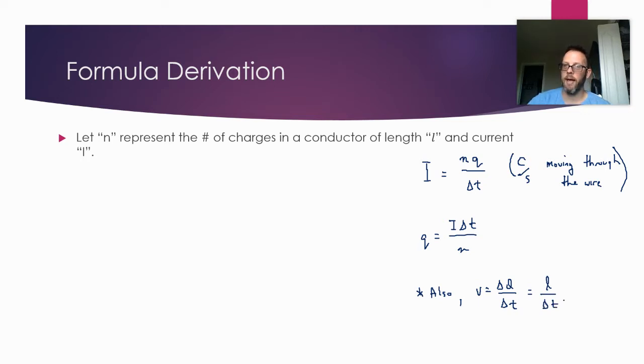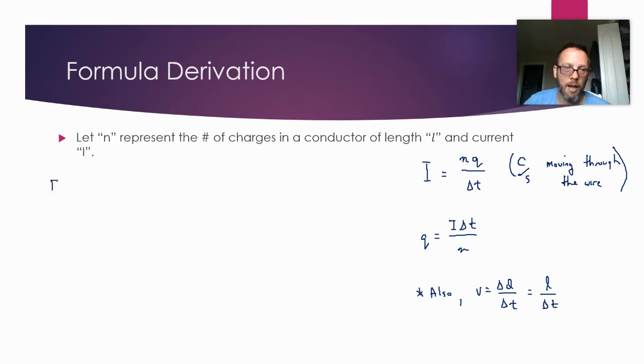So we have a bunch of charges, which may be electrons, that's fine. The current is the amount of charge going through the wire in a certain amount of time. We rearrange for the charge, then use speed equals distance over time to get an expression for the speed in terms of L, the length of the wire, over delta T. So let's make use of that.